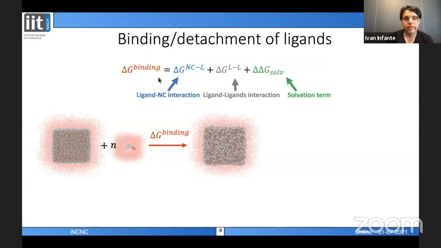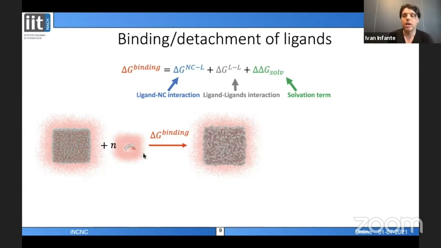We can decompose this free energy of binding into different contributions: the free energy of the interaction of the ligand to the nanocrystal, the ligand to ligand interaction, and also a solvation energy term, because the solvation of this nanocrystal with all the ligands at the surface is not exactly the same as the sum of the solvation energy of the nanocrystal without ligands and the ligands solvated by the media.